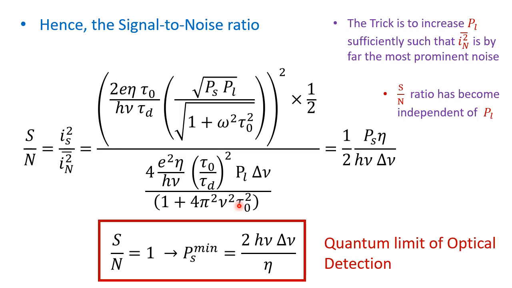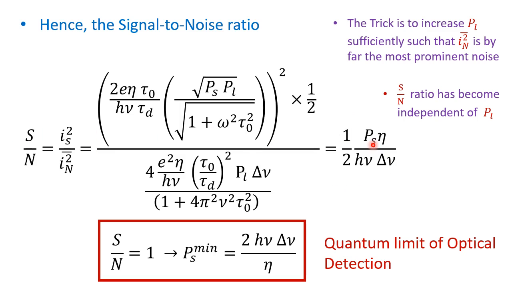And if you make PL large enough, then the dominant noise comes largely from the shot noise coming from PL, from that power, right? And that is what gets cancelled with my signal, to give me something which is now directly proportional.